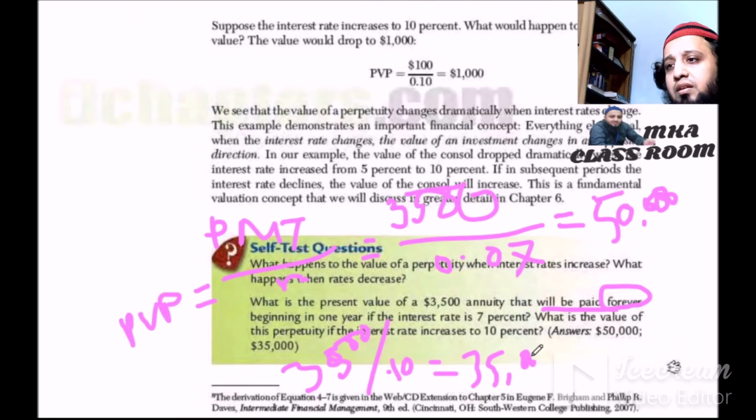So the present value of this perpetuity is 50,000 when our rate of interest is 7%, and if the interest rate is changed to 10%, then the present value of the perpetuity should be 35,000 taka. That is our answer.